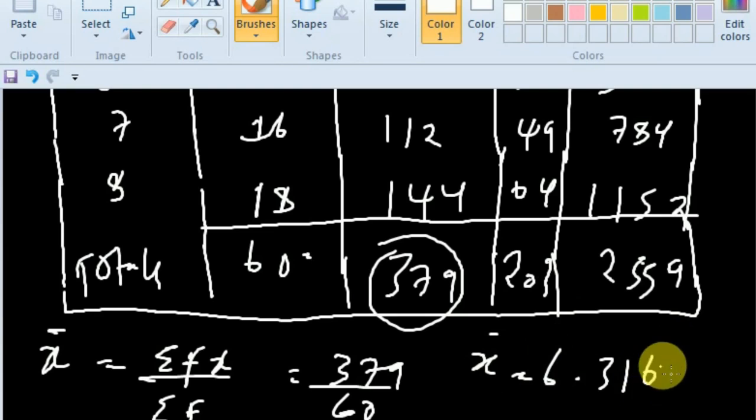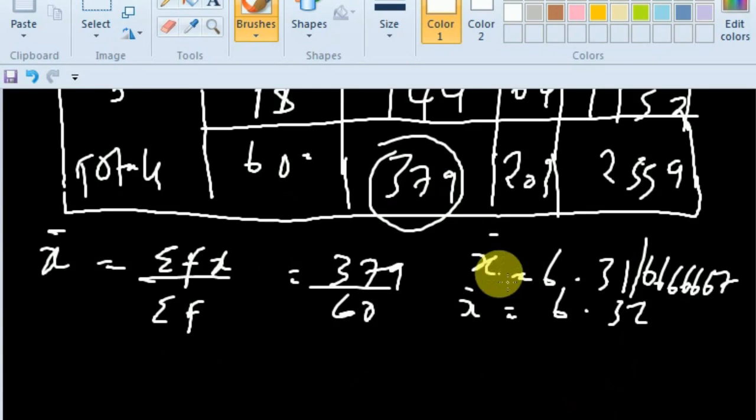Then I have 1, 2, 3, 4, 5, 6, then I have 7. So the mean there, rounded off to 2 decimal places, I'm going to have 6.32. So as you can see, that's our mean.